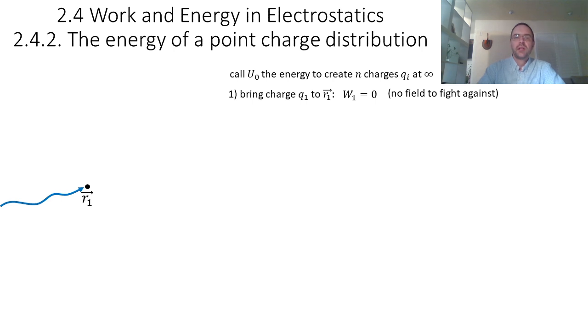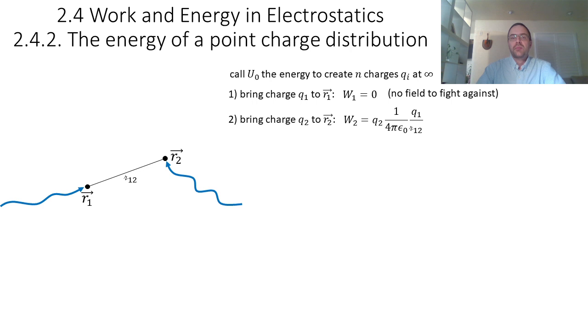So first we will bring the charge Q1 from infinity to the position R1. Now, because this is the first charge, it is easy. The work to bring the first charge is 0 because there is no electric field, so there is just no force on this charge. The fun starts when we bring the second charge. Right? Now we have the electric potential due to the first charge.